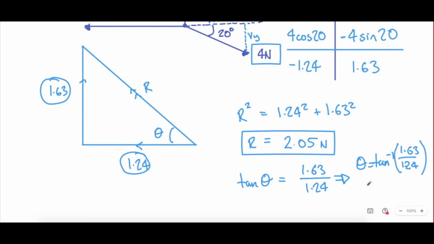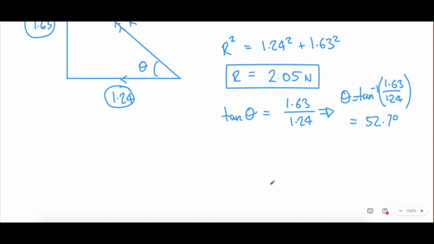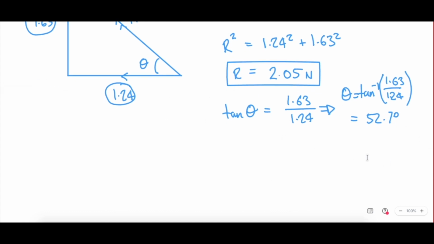And that should give you an answer of 52.7 degrees. And for your answer, what you should really say is 52.7 degrees to the horizontal, because it's not to the vertical. Remember, you're taking an angle from the horizontal axis.